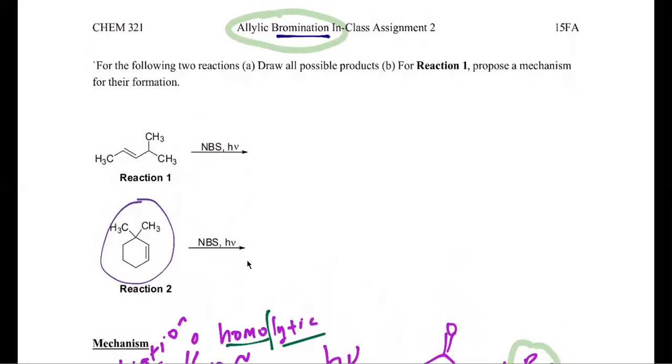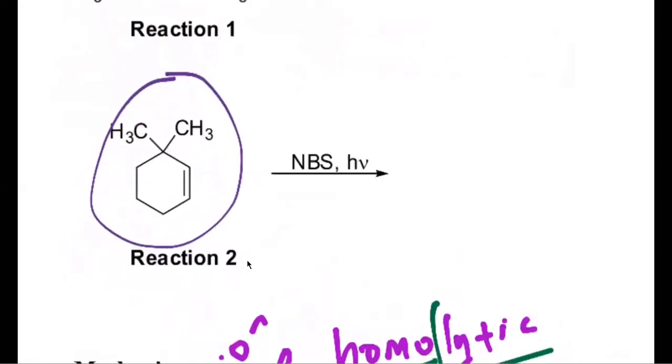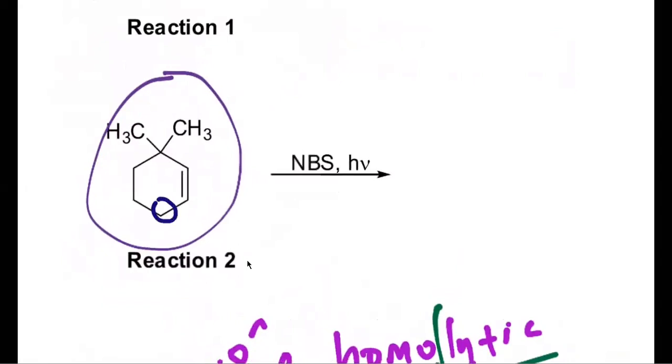So in this case, we're doing this one. We already did the top one. So that's my allylic site, because it's adjacent to the double bond. Do I have another allylic site? The one up there at the top. What's the problem with it?